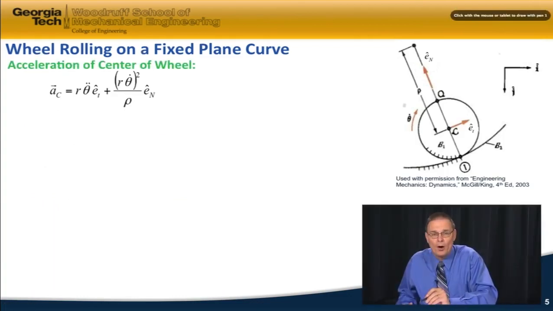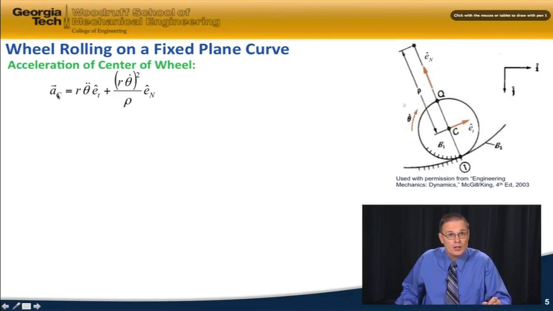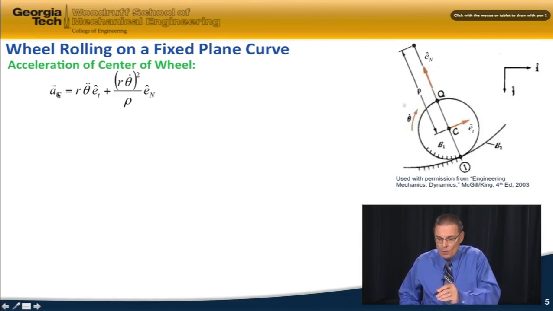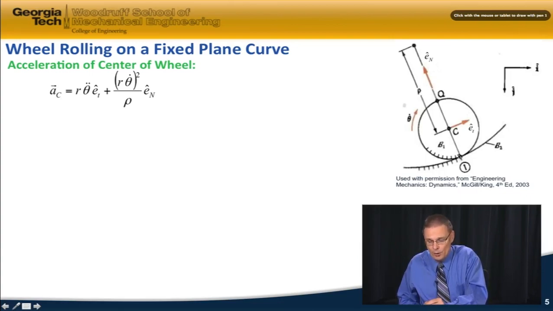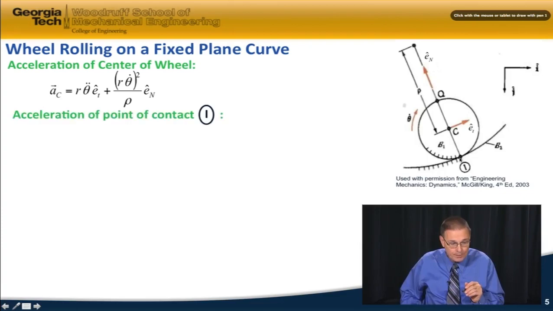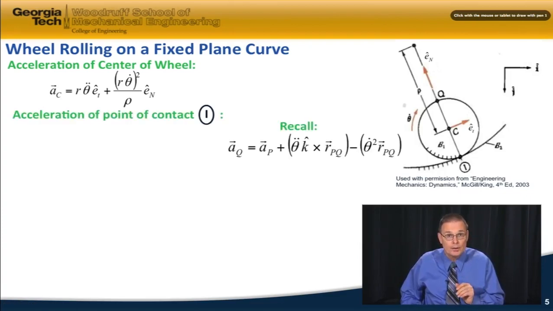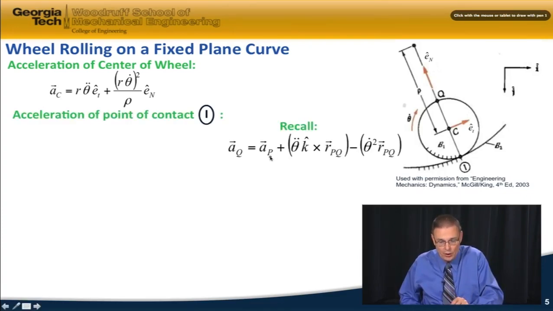Okay, so far we know that the velocity of the instantaneous center is 0. We've found the velocity of the center of the wheel. We also found the acceleration of the center of the wheel. And so we now want to move on and find the last unknown point, which is the acceleration of the point of contact, or point I. To do that, we're going to use our relative equations going from our known, which is now the acceleration of the center of the wheel, to our unknown, which is the acceleration of the point of contact.